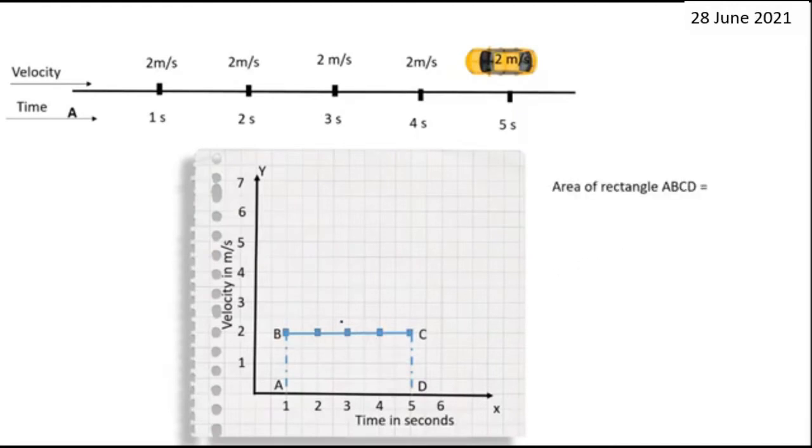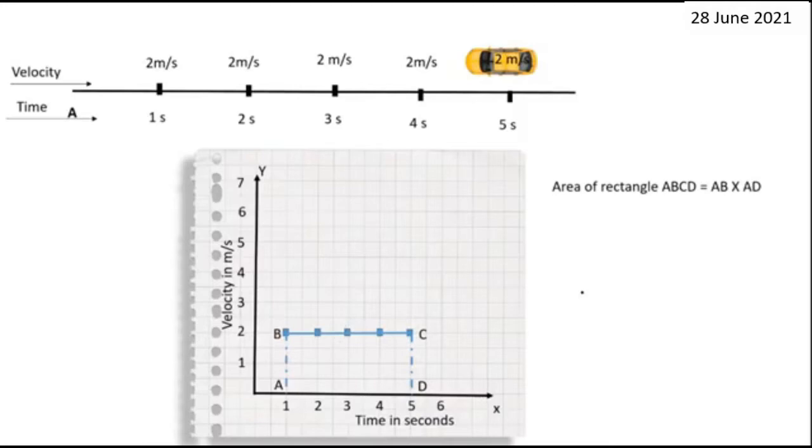It's very simple. It's length into breadth. So we can write area of rectangle ABCD is equal to AB into BC, or BC into AB. In both ways we can write.